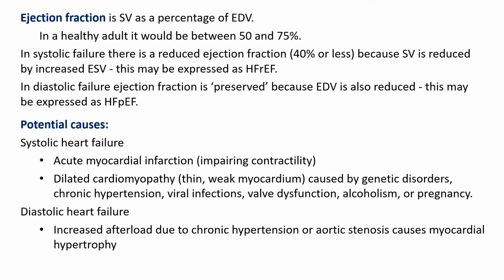Diastolic failure is generally caused by an increased afterload. If you remember, afterload is the pressure that the contractility is trying to push against. And common causes of that were hypertension. So we've got the back pressure of all the blood at a high pressure, or aortic stenosis, where you get a valve that's not very willing to open.